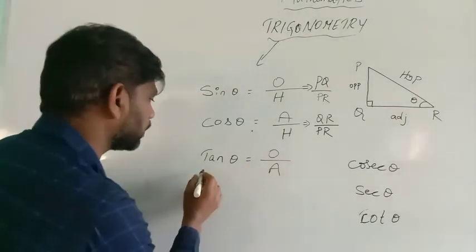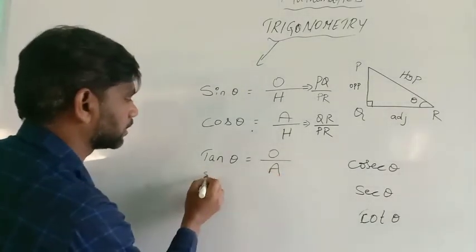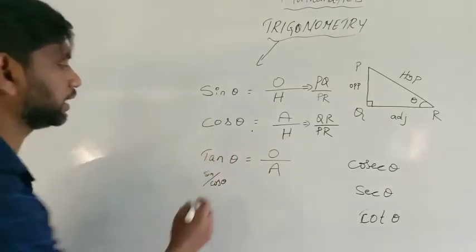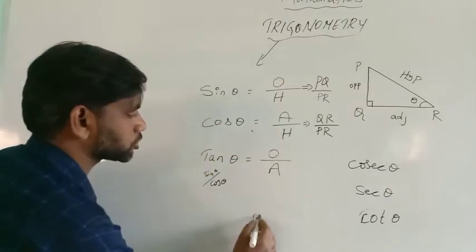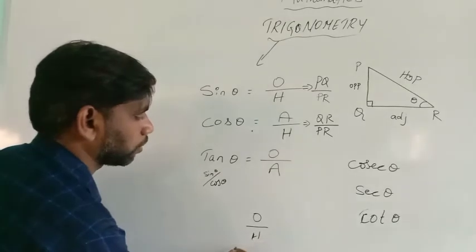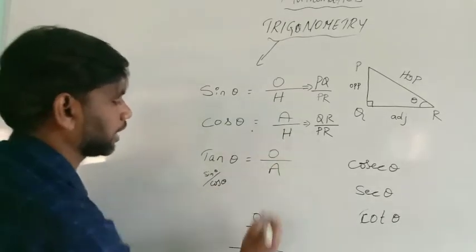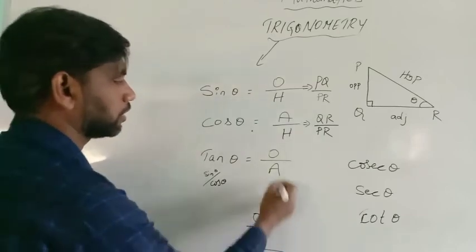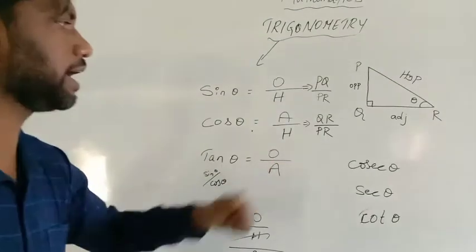Tan theta is O by A, which is sin theta by cos theta, that is O by H divided by A by H. Simplifying, the H's cancel and we get O by A.